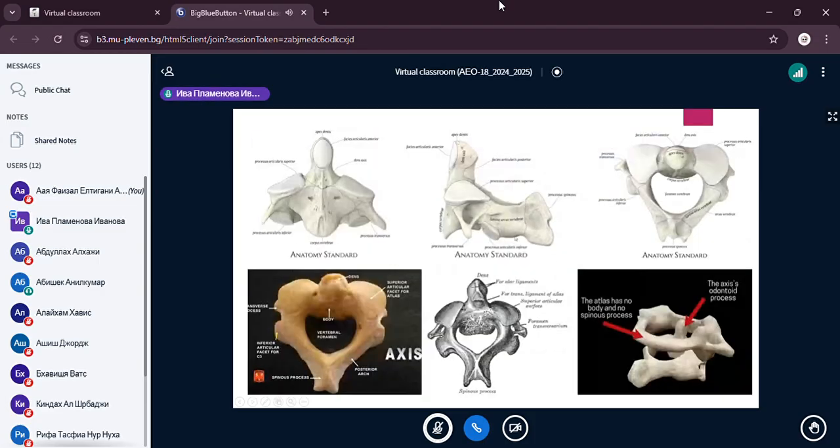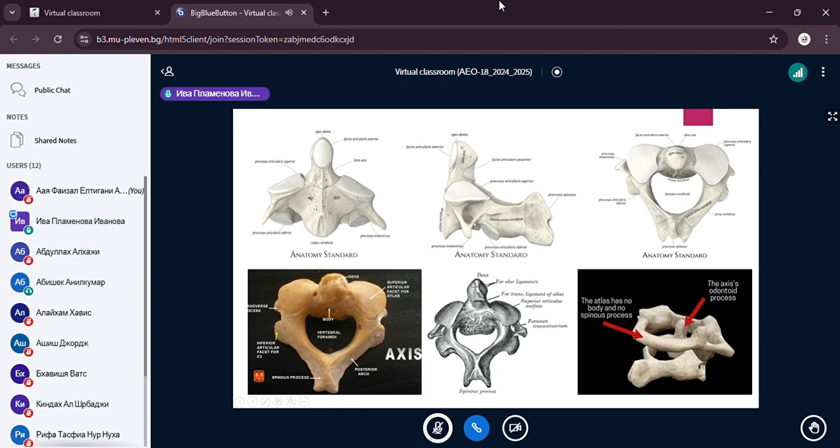Here, again, from the anterior view, that's the articular surface for fovea dentis of the atlas. Here, that's the body. Its continuation upwards is the dens axis. Here we have the apex of the dens axis. These are the articular surfaces for C1, the superior articular surfaces for C1, the inferior articular surfaces for C3, here and here.